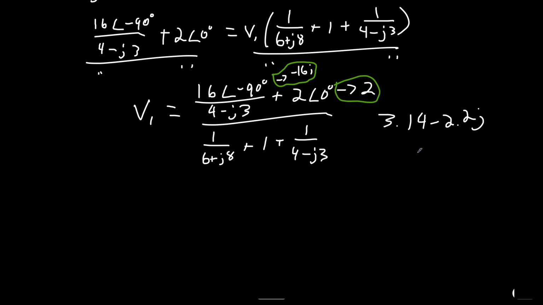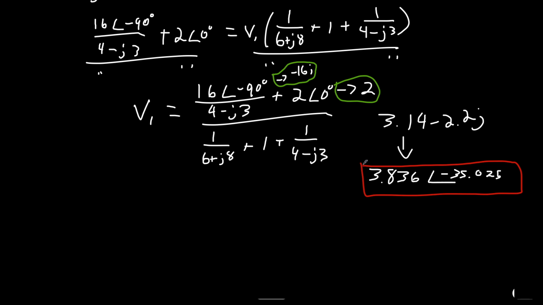And doing a simple polar conversion, this is going to bring us to 3.836 with an angle of negative 35.025. And it keeps going. But this is good for our polar number.